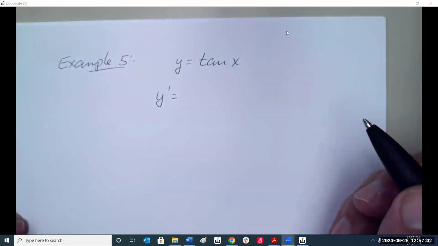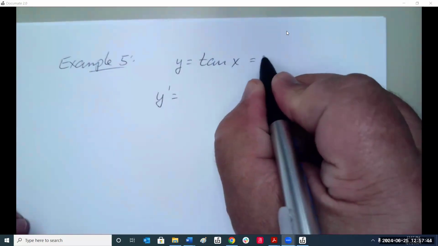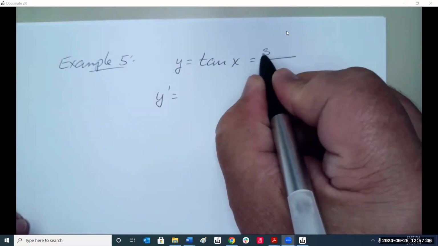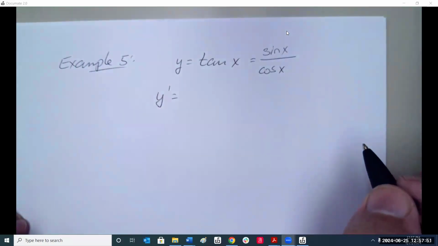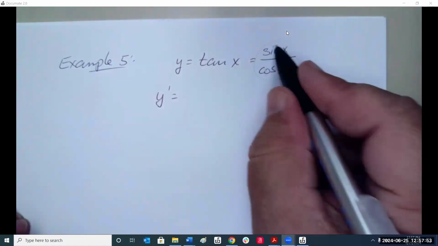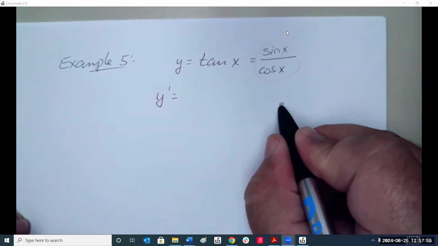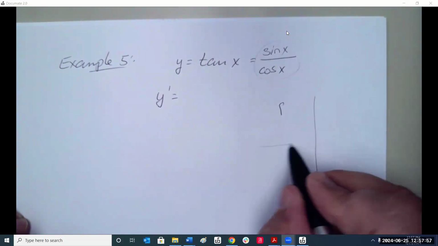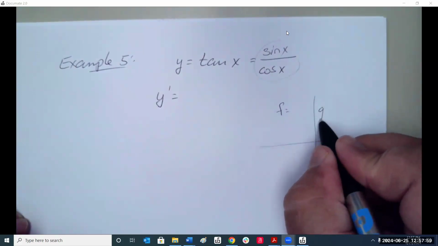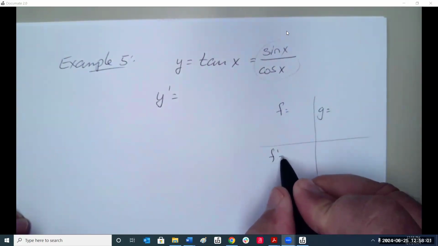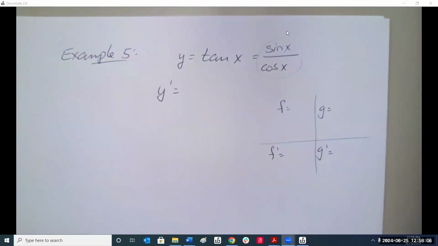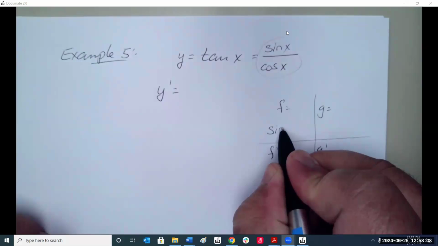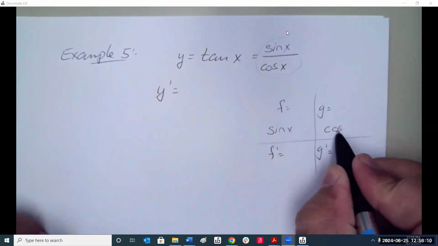So what do we do first? The first thing you have to do is rewrite that in terms of sine and cosine. Now we have a quotient problem. So it's sine x over cosine x.